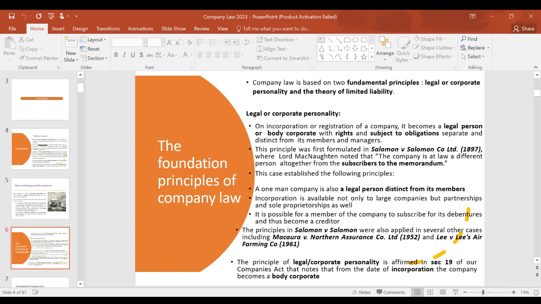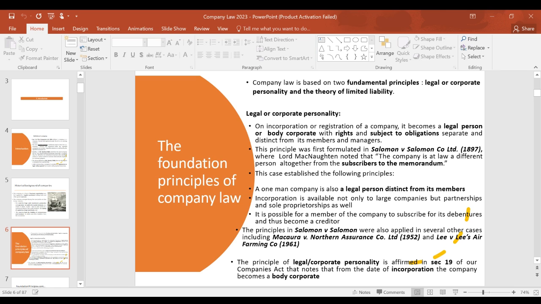So the company exists on its own name. It can sue, it can be sued, it can own property separately, and it also has its own obligation that it must fulfill. Failure to which it can be sued by someone if it's at fault on violating another's rights.